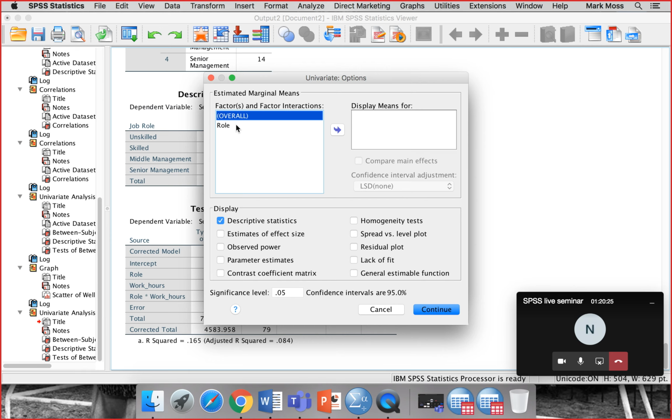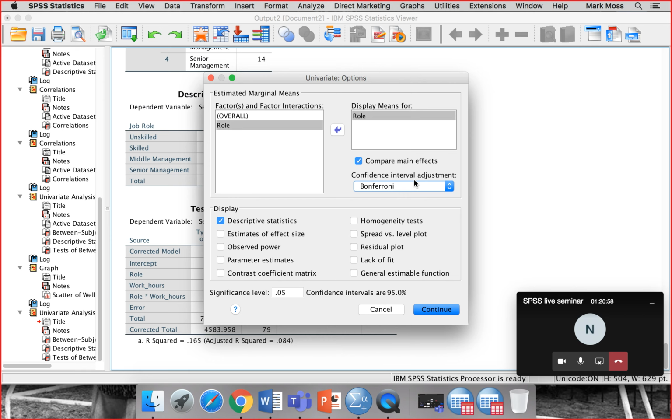I've got descriptive statistics. I'm also going to select display means for in the estimated marginal means, and you'll see why in a moment. And compare main effects. Well, in fact, I'll tell you why now. It's because we've got 4 different roles, and one thing that we can't do in the analysis of covariance is post hoc comparisons like we can for the one-way analysis of variance.